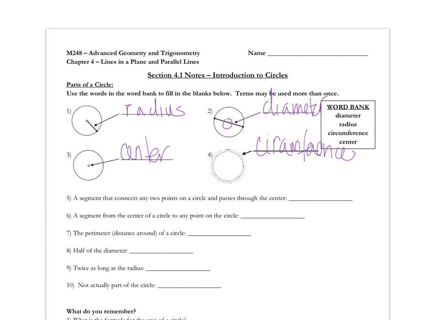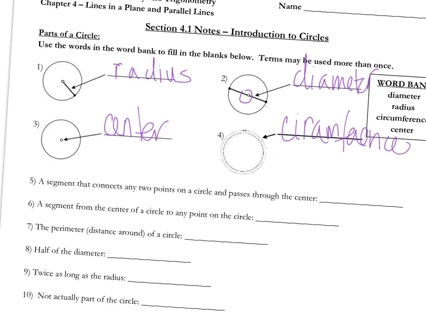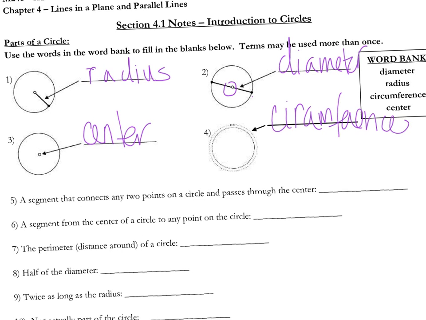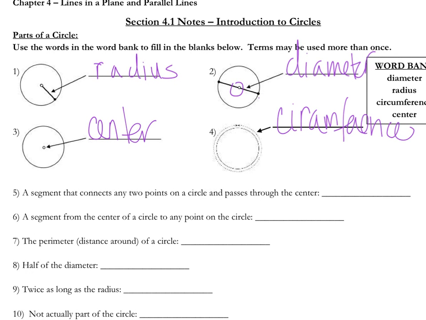All right, let's go ahead and fill in these words. A segment that connects any 2 points on a circle and passes through the center. The key word here is that it passes through the center, and there are 2 points on the circle.